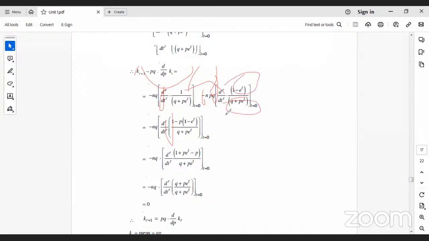Correct? Yes, sir. It is equal to 0, minus n d power r by dt power r. Simplification, I am taking the simplification one: 1 plus minus into minus plus p e power t, then minus p by (q plus e power t). Minus n d power r by dt power r of q. Just wait.